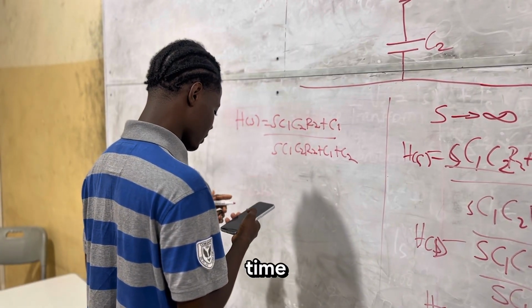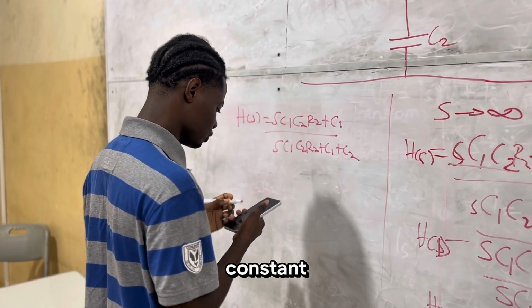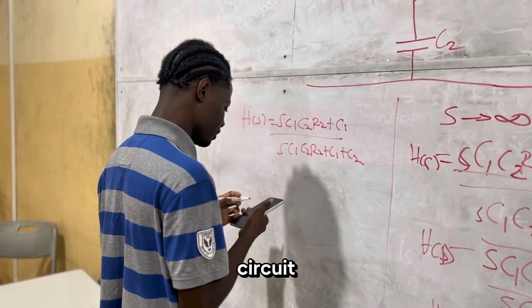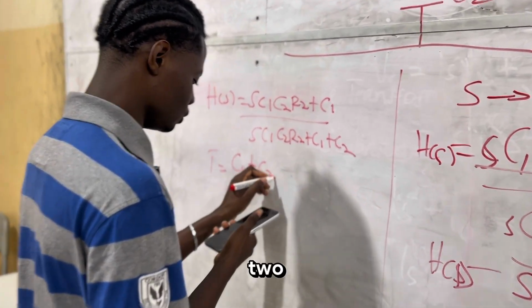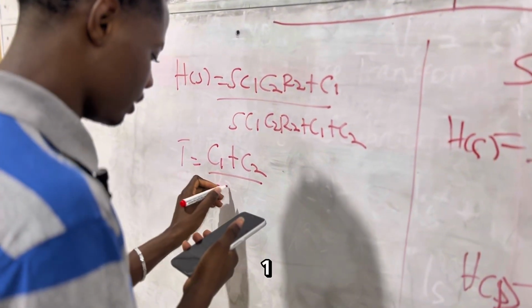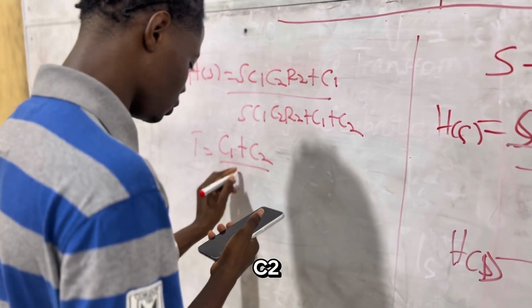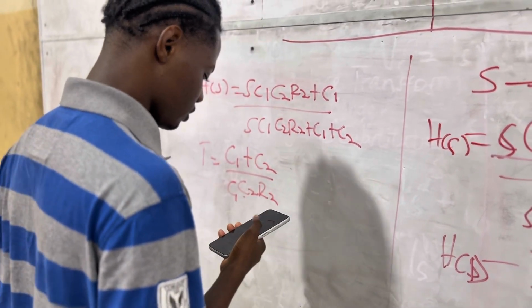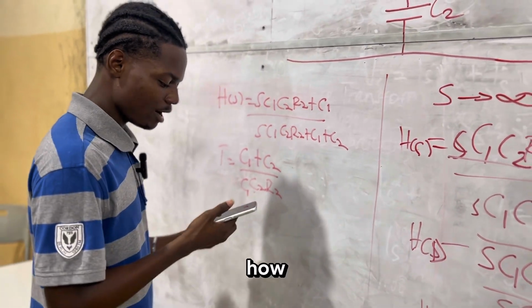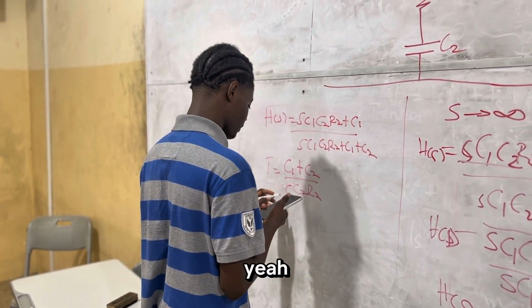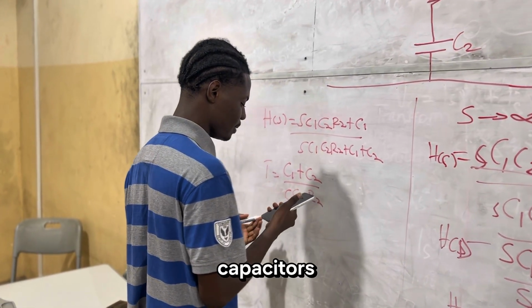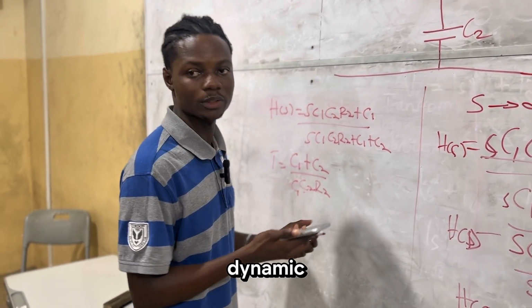The time constant of the circuit is T equal to C1 plus C2 over C1 C2 R2. The time constant determines how fast the system responds to changes. This shows that the resistor and capacitors together control the dynamic response speed.